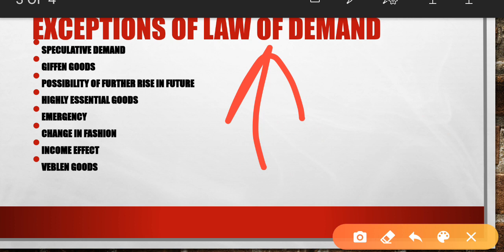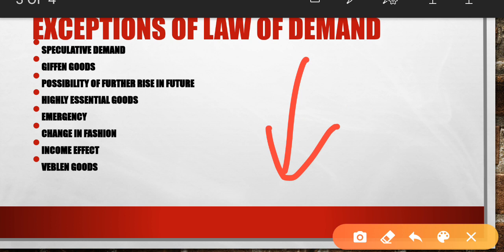So here what has happened: the price has gone high, but you have demanded. That means your demand has increased. Why? Because somewhere you have a belief that the prices will rise further, so better I purchase it now. And what happens when it has fallen? When the price has fallen, you have stopped purchasing.